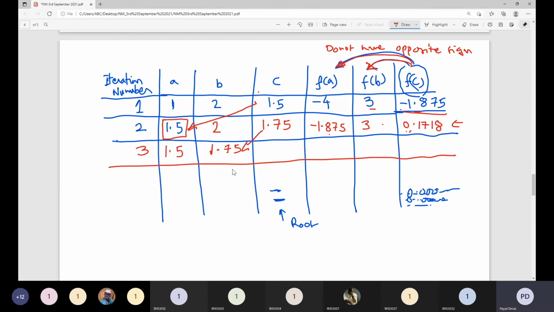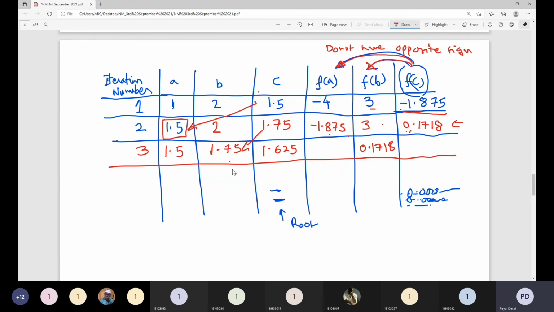Next time you take the same value as earlier for A and find out the value of C, that is 1.5 plus 1.75 by 2, 1.625. The 1.75 value is already here, and 0.1718 will come here because the value of B is the same.